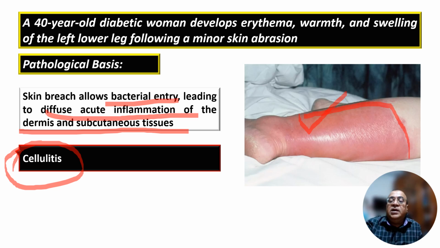This whole area is affected by inflammation. There is redness of this area with increased temperature, and this is the inflammation of skin and subcutaneous tissue, dermis and subcutaneous tissue, cellulitis.